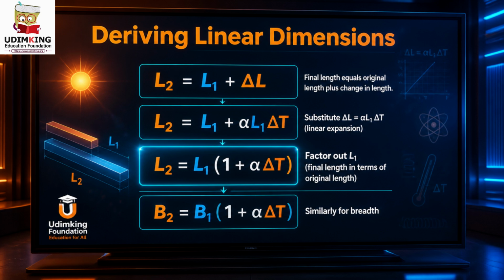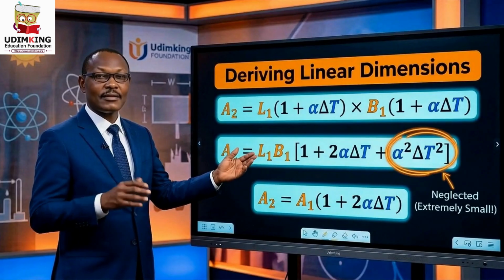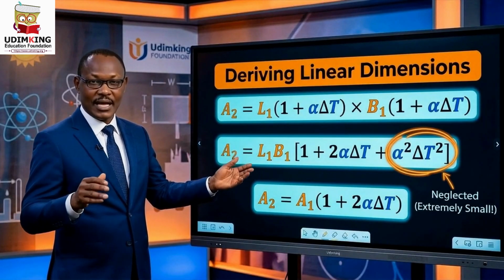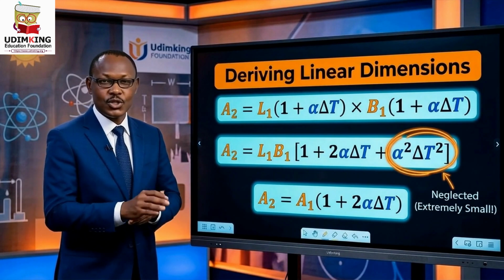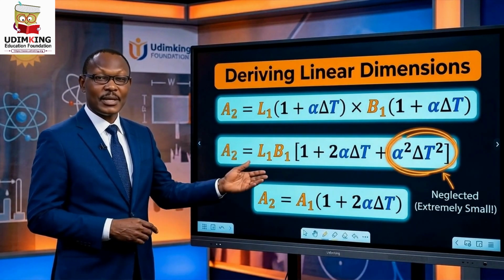By applying the exact same physical logic to the width of the sheet, we can immediately deduce that the final breadth B2 is equal to B1 into the bracket 1 plus alpha delta T. Now, let us find our final total area, A2, by multiplying our new expressions for L2 and B2 together.